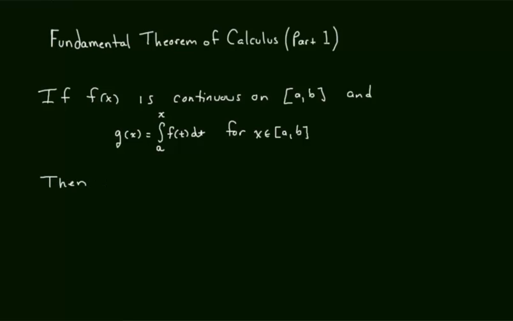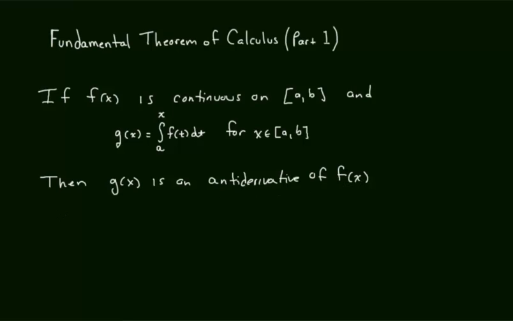So I will say then g of x is an antiderivative of f of x. The real variable is x.